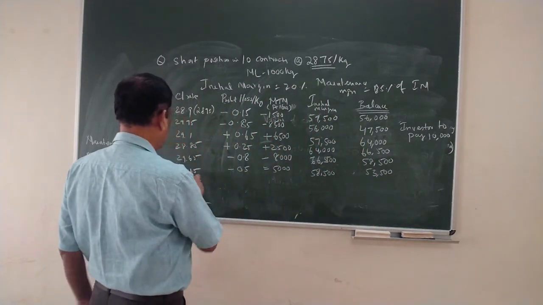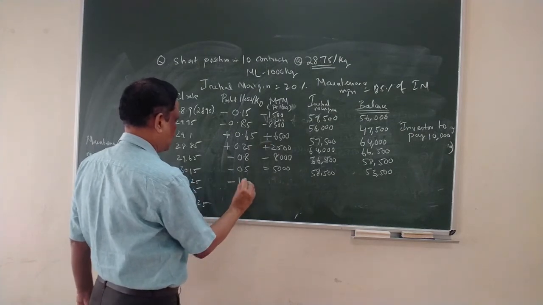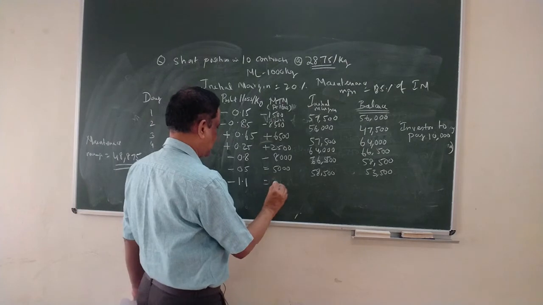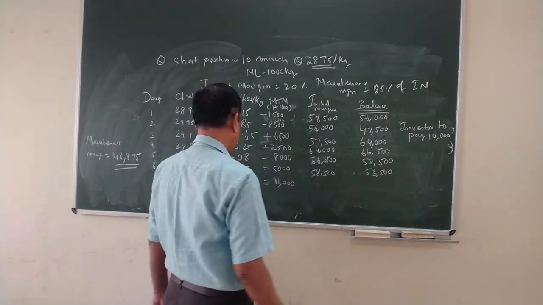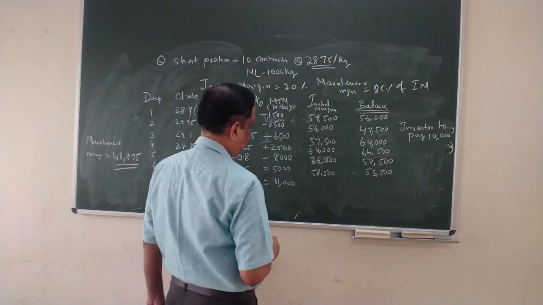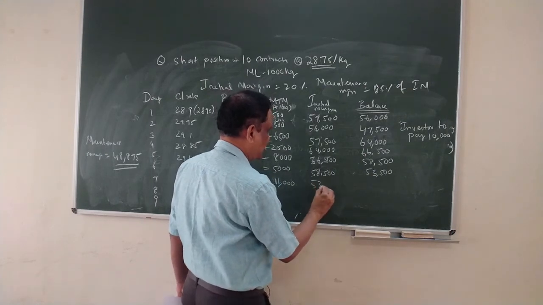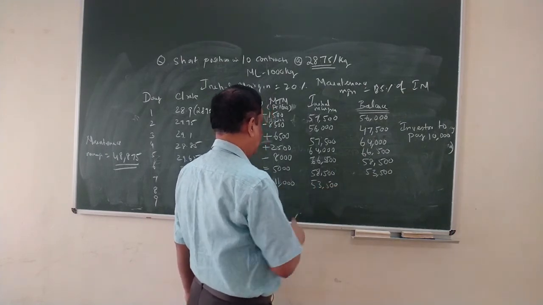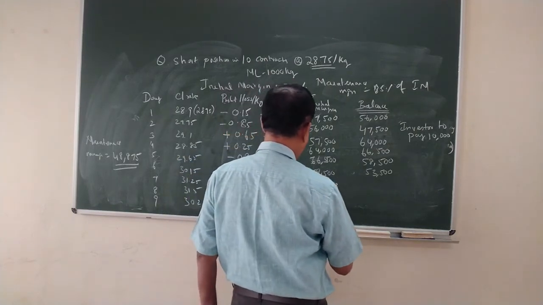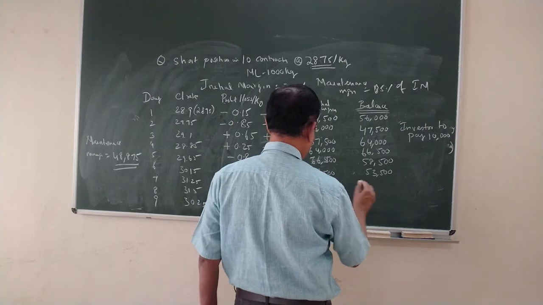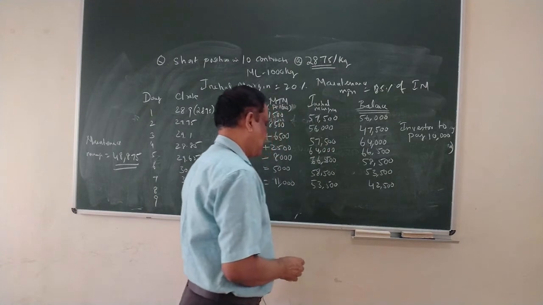And the next day again minus 1.1. This means the loss is, 1 rupee means 10,000, so 1.1 means 11,000. The available margin is 53,500. Then this will become 42,500.